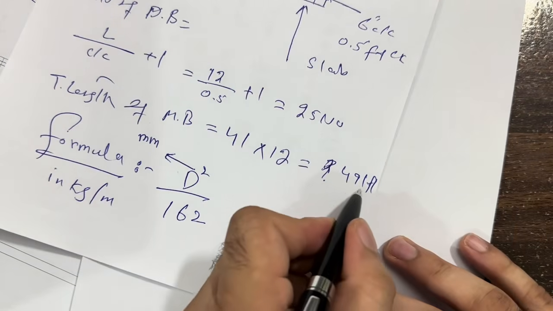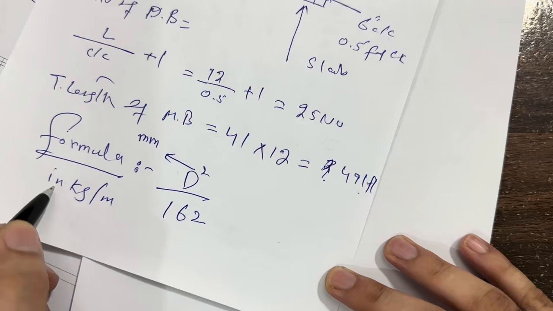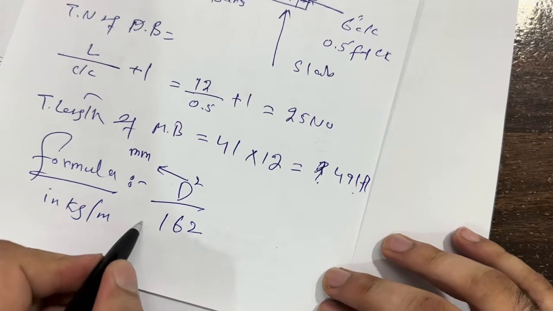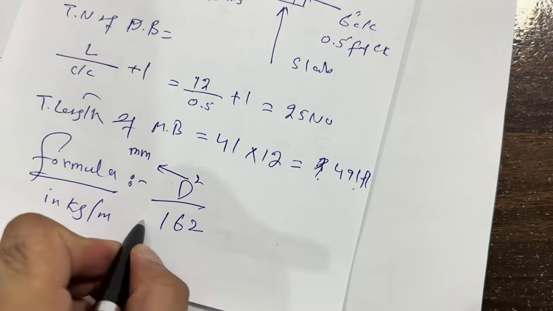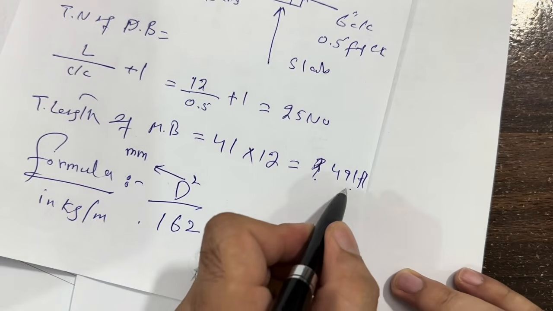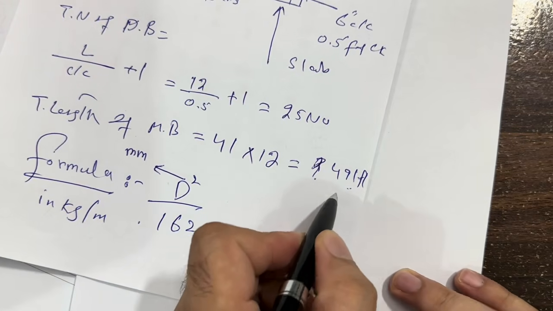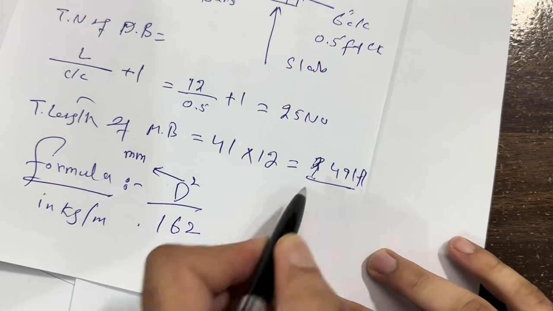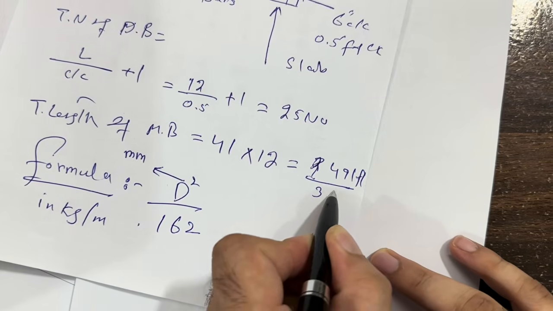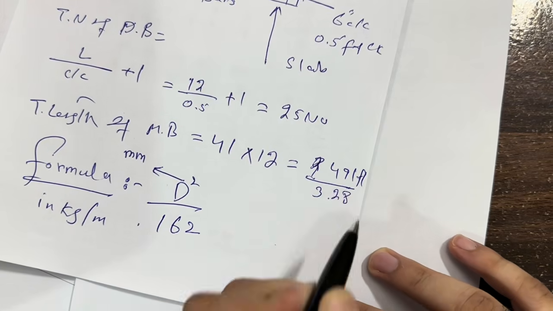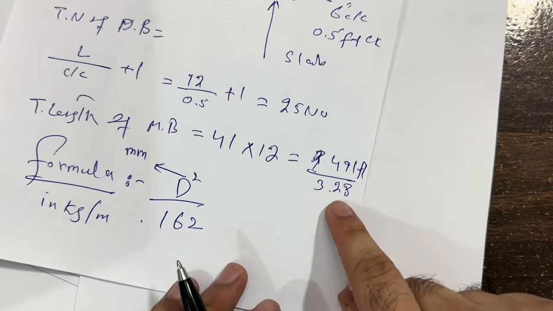Let me convert this feet to meter, because it will give us the weight per meter. So 491 feet divided by 3.28, because in 1 meter we have 3.28 feet.